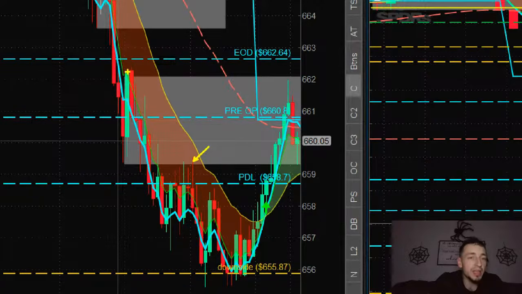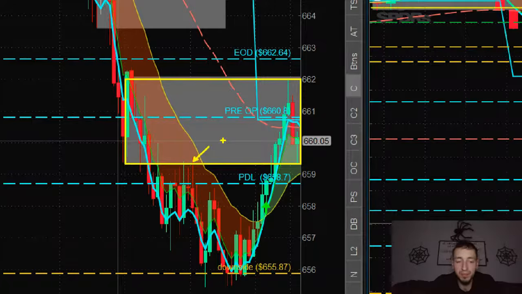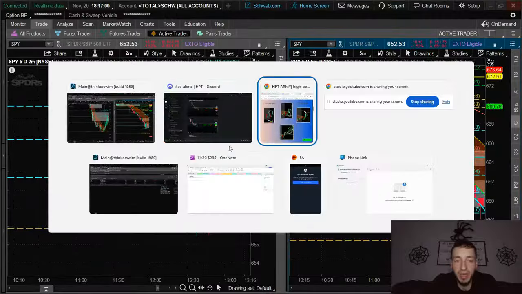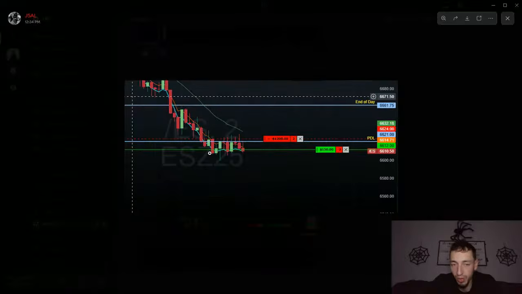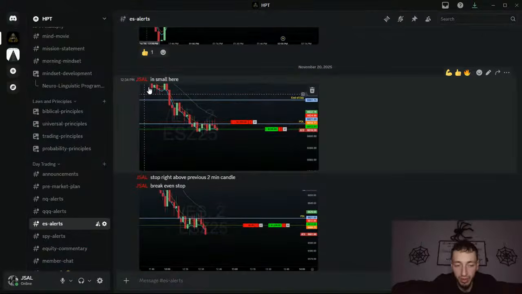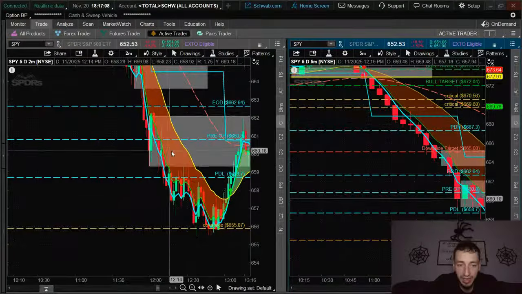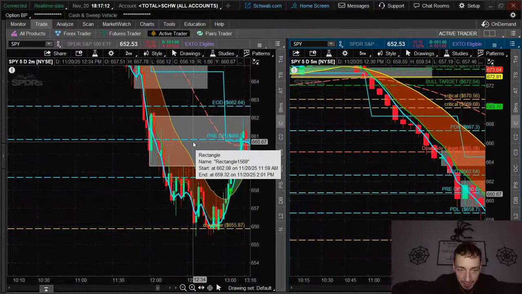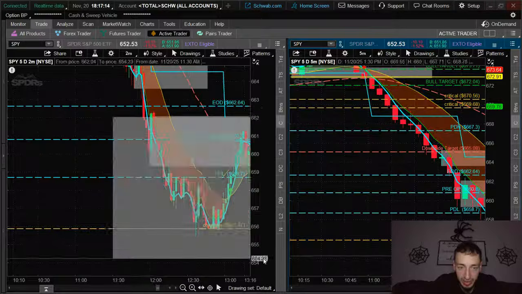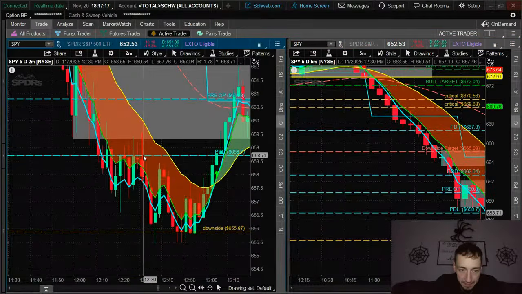And it's literally because we are retesting this area of value. So once again, if I pull up Discord right here, I'm hopping in the market short at 12:34 p.m. Right here, this candle is 12:34 p.m. So literally on this candle, bam.